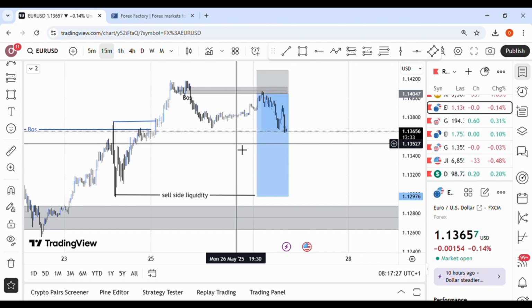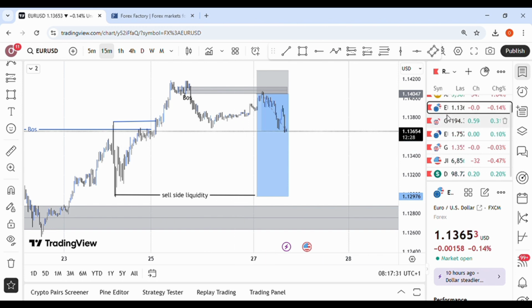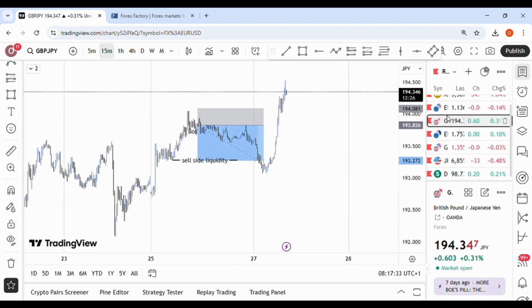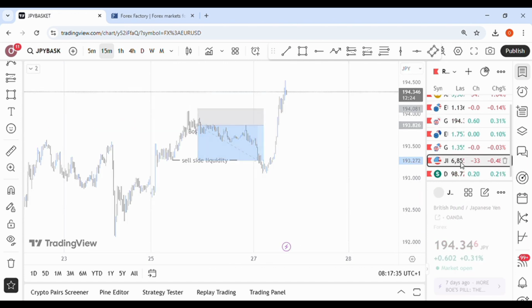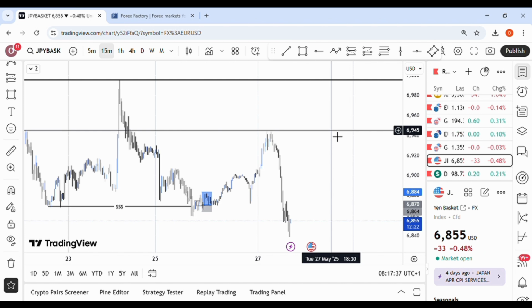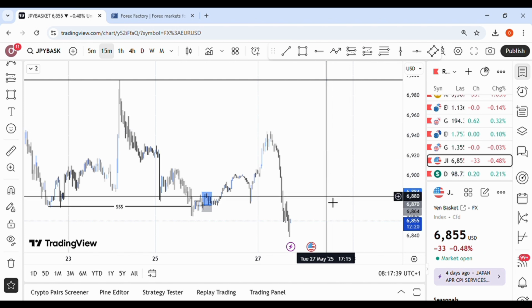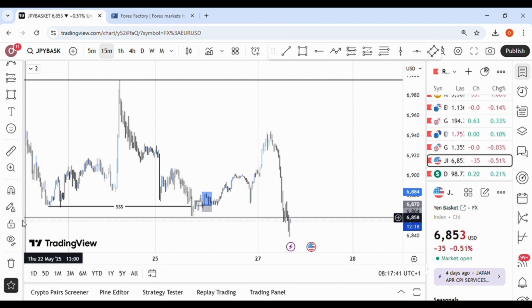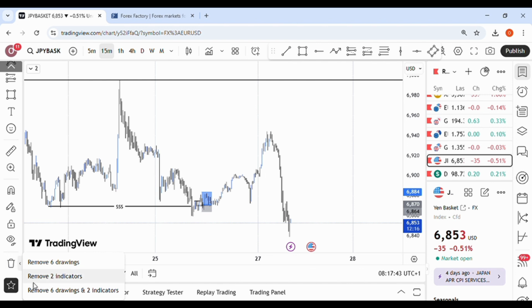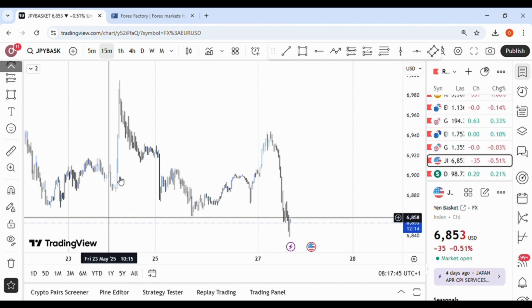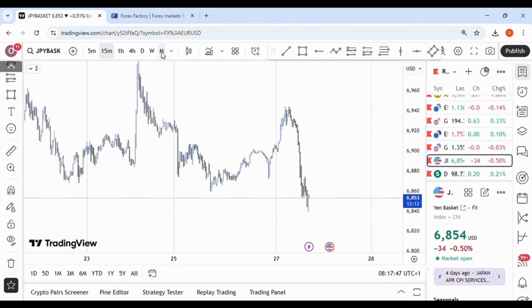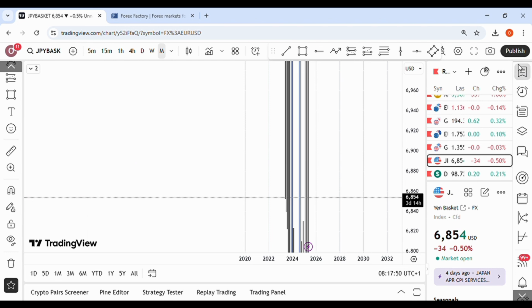So let's go to our yen basket to see how we got this GBPJPY trade. In our yen basket, exactly the same thing. Let's clean everything. Now fast forward to our monthly time frame in our yen basket.